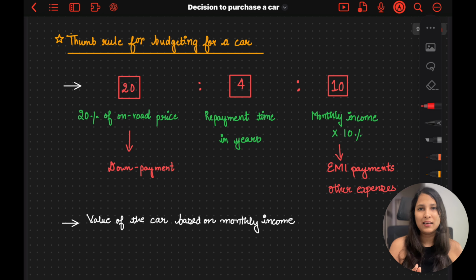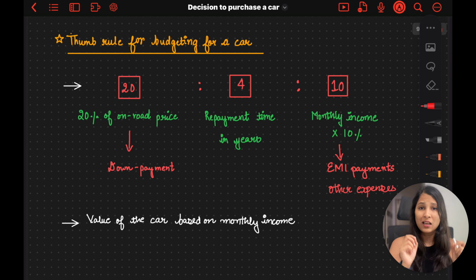It should not exceed that. So the thumb rule is 20 is to 4 is to 10. That is, 20% should go to the down payment, 4 should be the repayment years of your car loan, and at last 10% should be the amount you incur as an expense on the car.